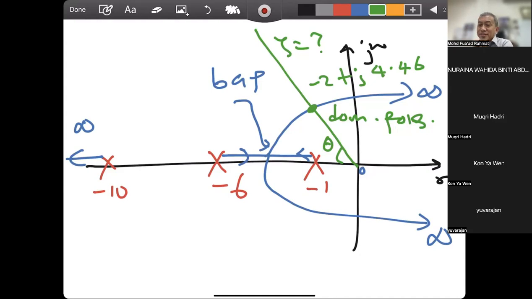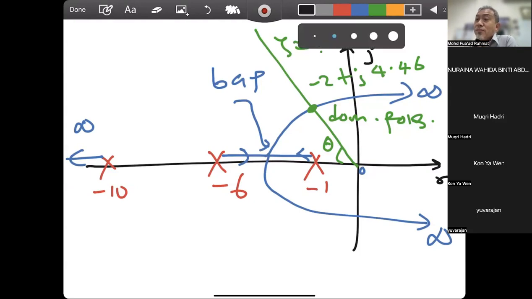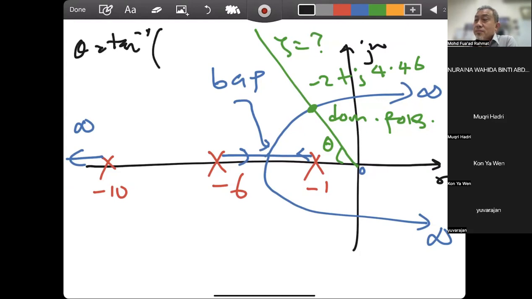Okay, Mukri. How to find the zeta and theta value? Theta using inverse tangent. And zeta, I'm not sure.